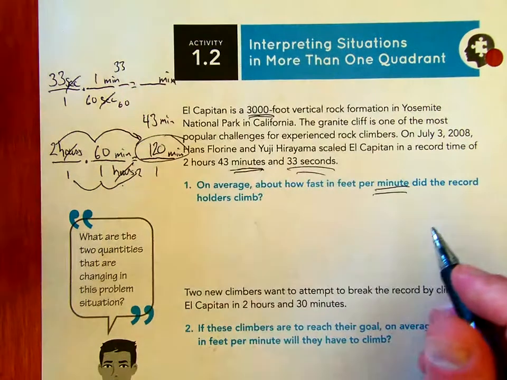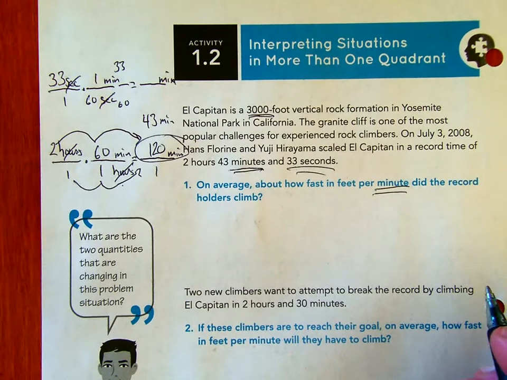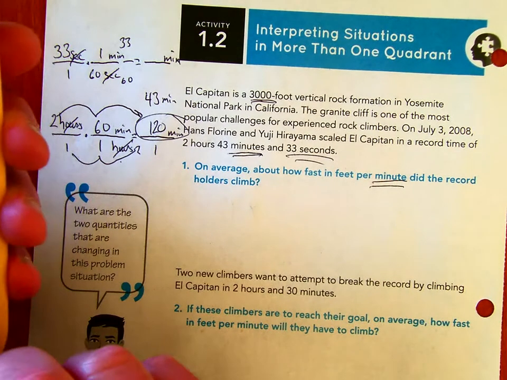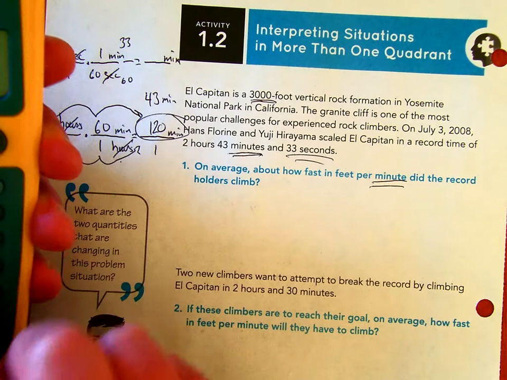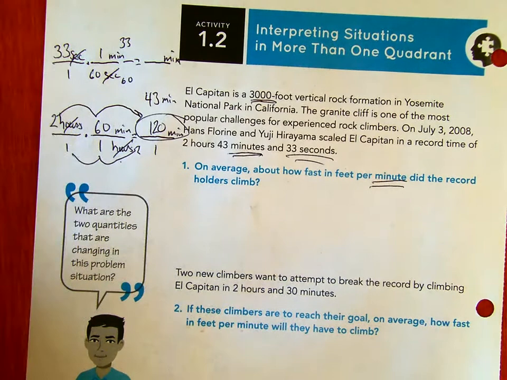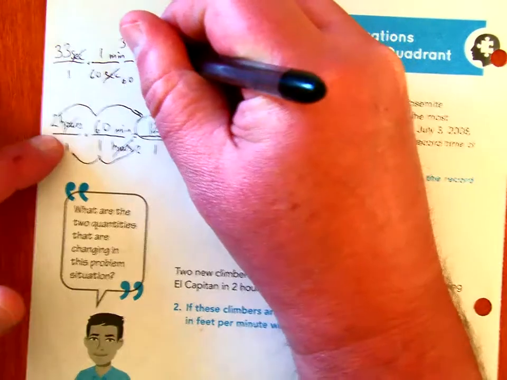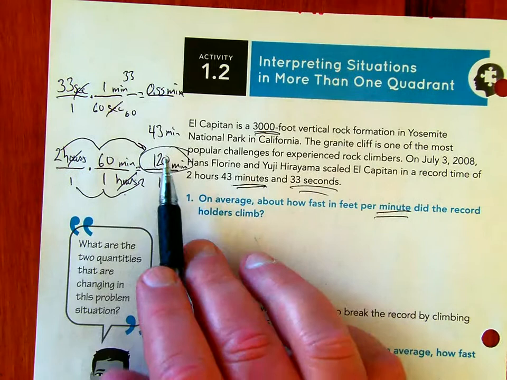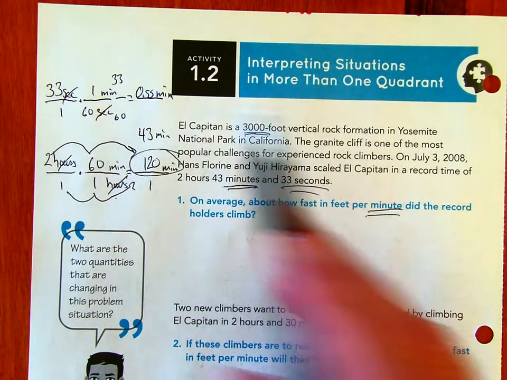Well, what is 33 divided by 60? This is where a calculator comes in handy. It should be about 0.55, but let's double check. 33 divided by 60. It is 0.55. So 0.55 minutes. So I have 120 plus 43 plus 0.55.